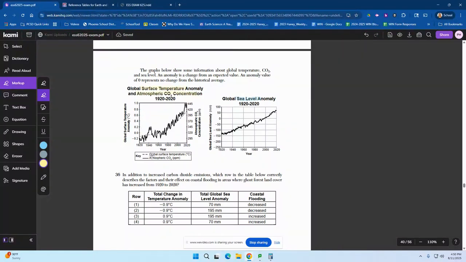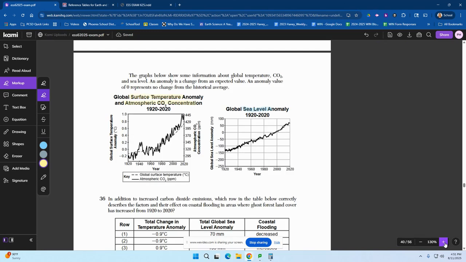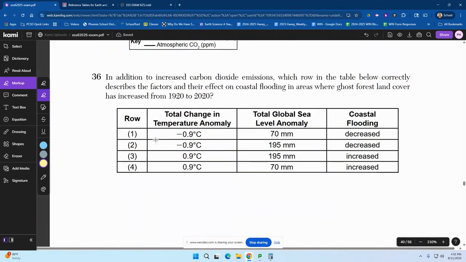Okay, so it says, in addition to increased carbon dioxide emissions, which row in the table below correctly describes the factors and their effect on coastal flooding in areas where ghost forest land cover has increased from 1920 to 2020. Okay, so my first row is the total change in temperature anomaly.